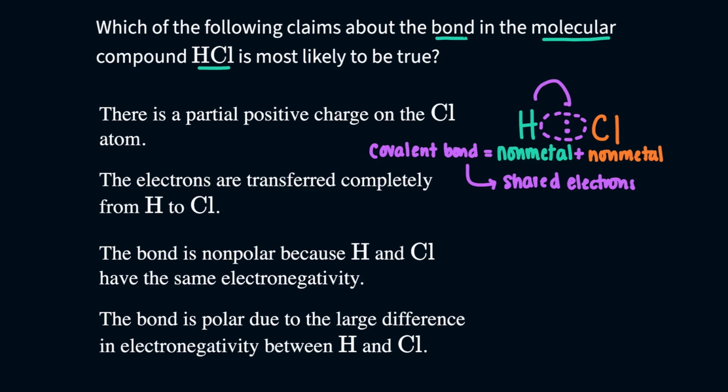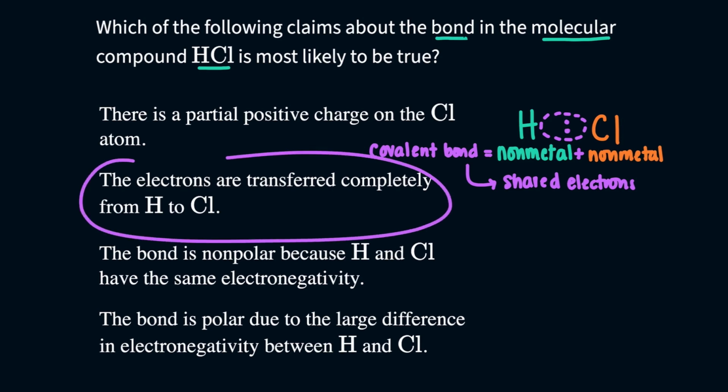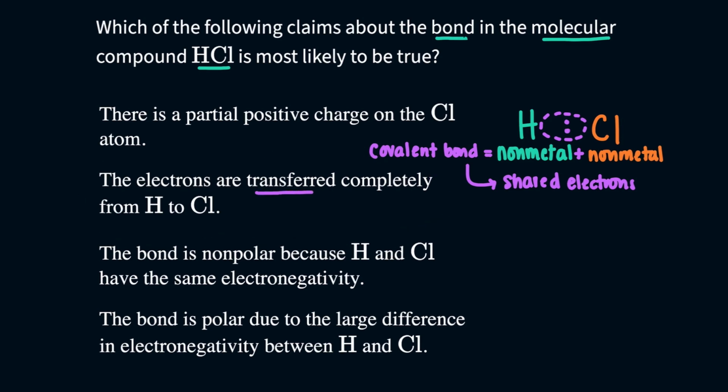Hydrogen gets the 2, chlorine gets the 2. It's shared. So maybe from that we can get rid of a couple of choices. For example, B says the electrons are transferred completely. That's not true. These are 2 nonmetals. They're shared electrons. Transferred completely is your ionic bonds, and that's incorrect.